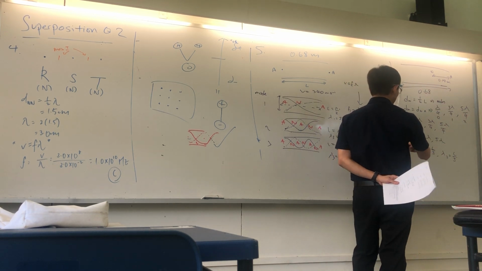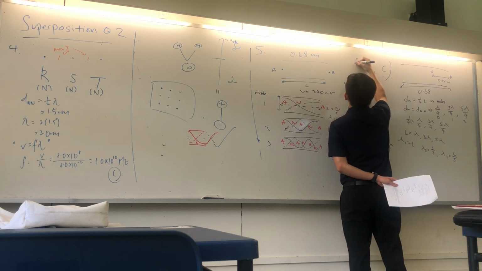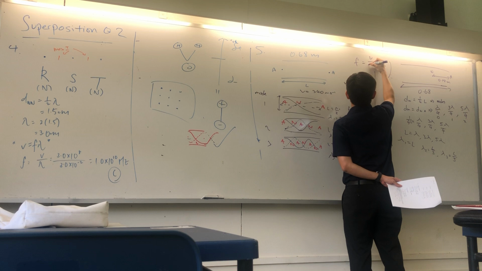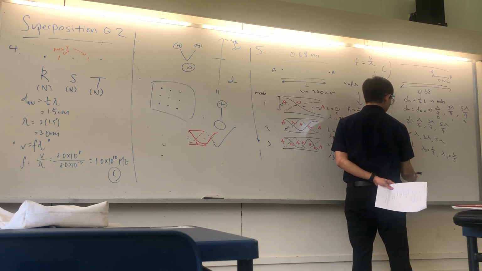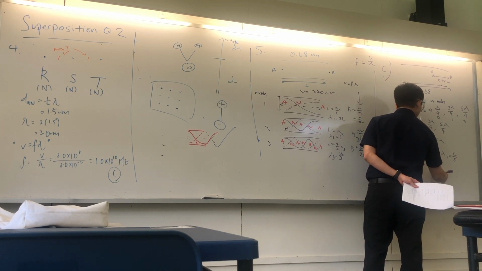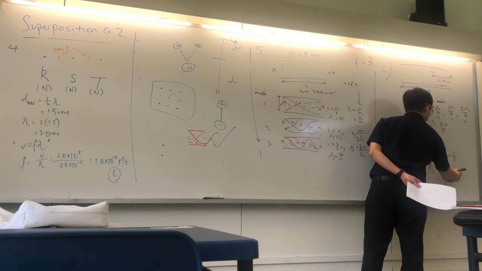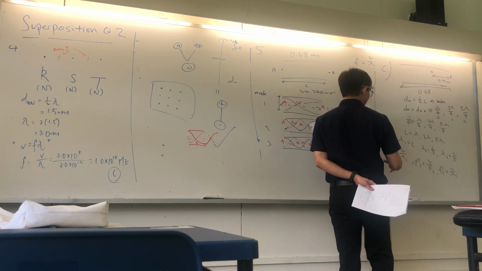Once we get lambda right, we can get f. f equals v over lambda. So f1 is v over lambda 1, f2 is v over lambda 2, and f3 is v over lambda 3. Then you can calculate this out.